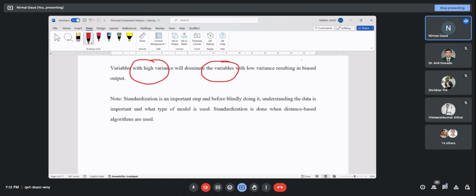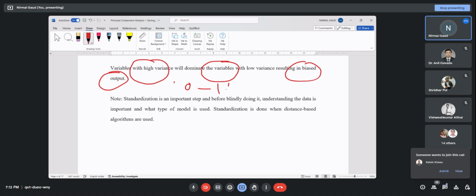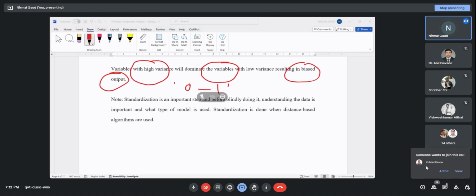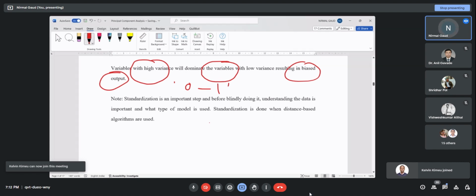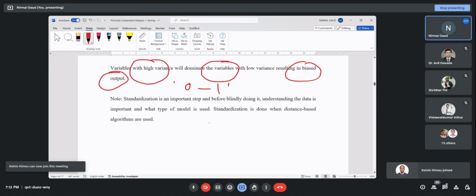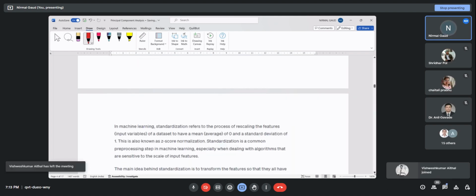That will result in a biased output from the model. So I want to give each and every feature equal weightage. If they are standardized and their values are present between 0 to 1, we will have a good chance to perform the analysis without any biased nature.